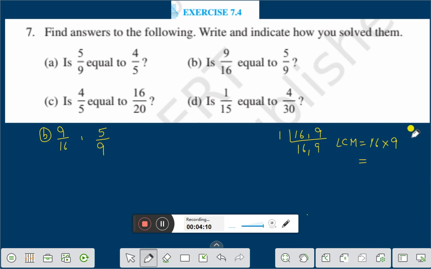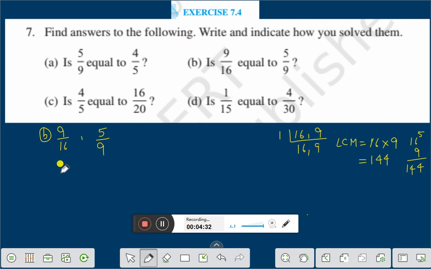That is 6 9s are 54, 5, 4, 9 5s are 45, 4, 144. That is 144. LCM is 144.